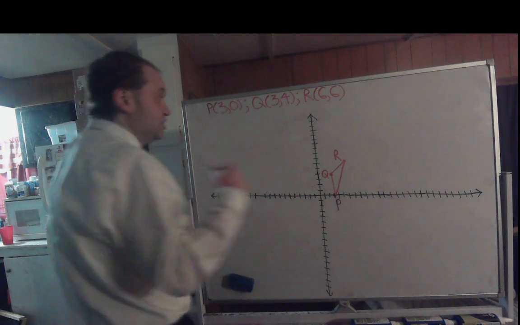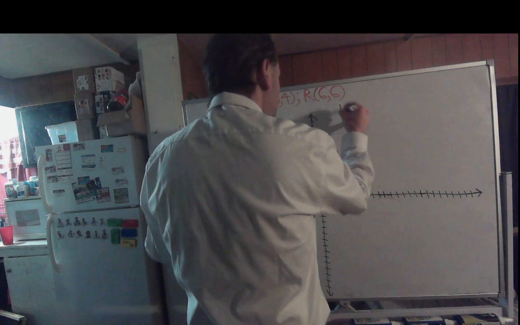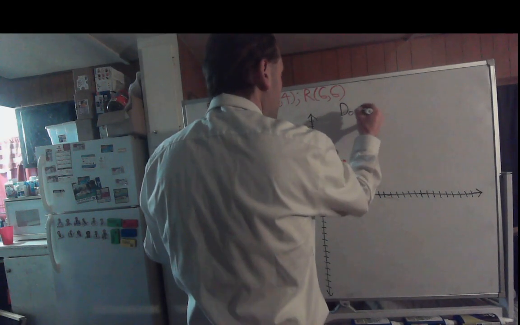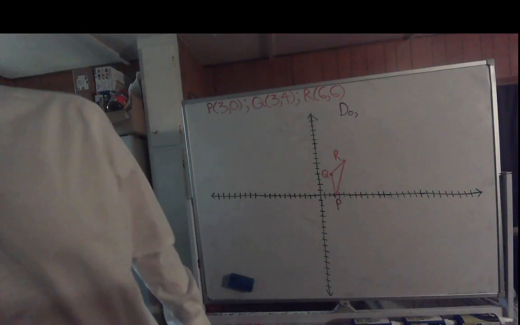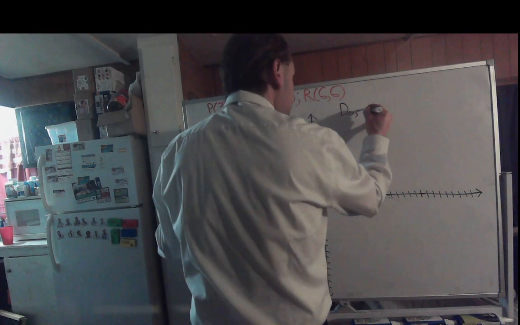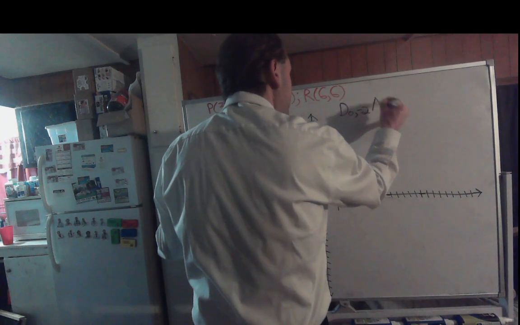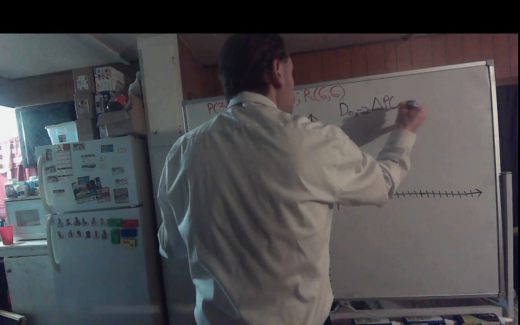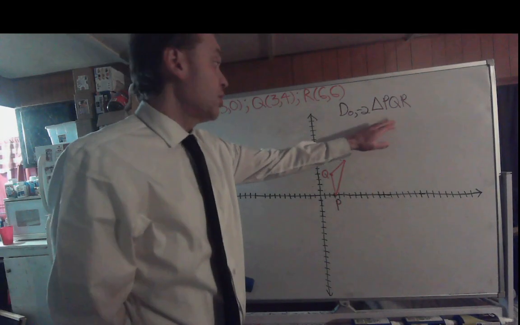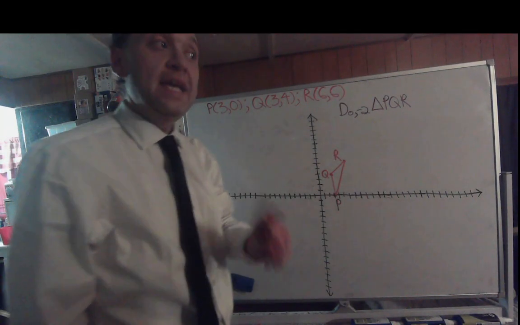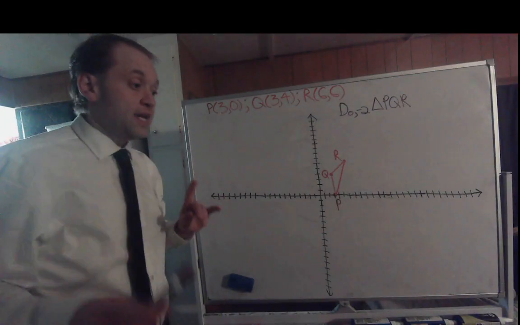Now, what we have to do is figure out the dilation of this triangle with a scale factor of -2. So we need to dilate triangle PQR with a scale factor of -2. Well, okay, a couple things.